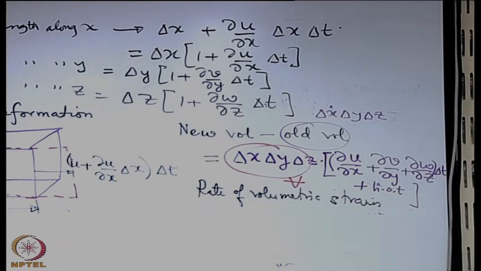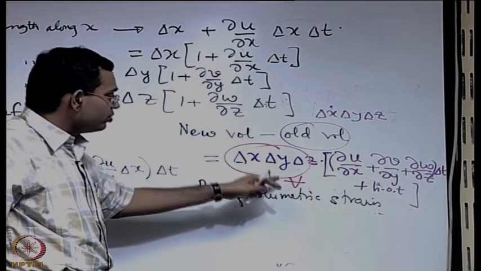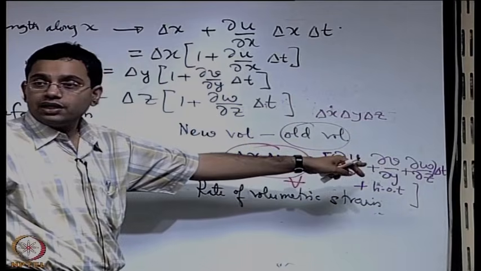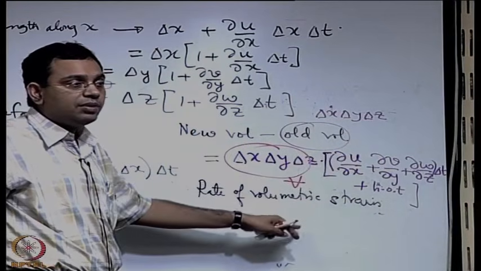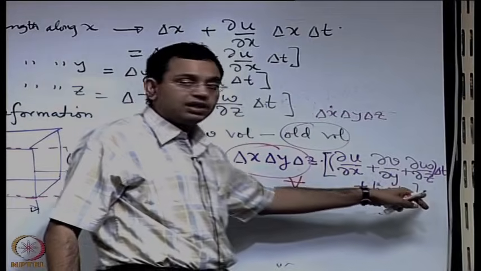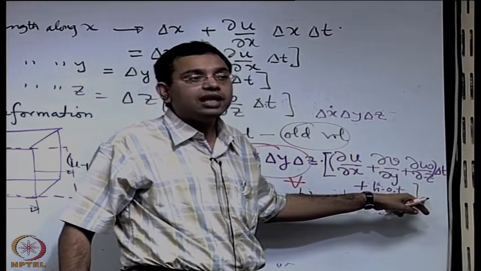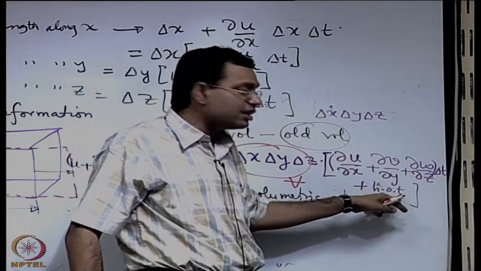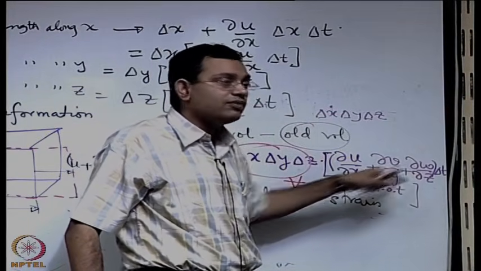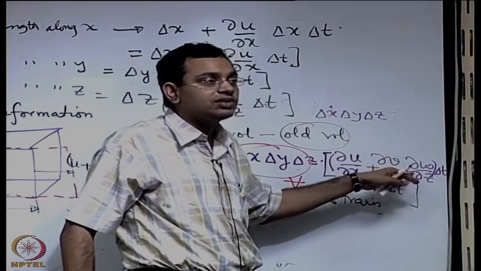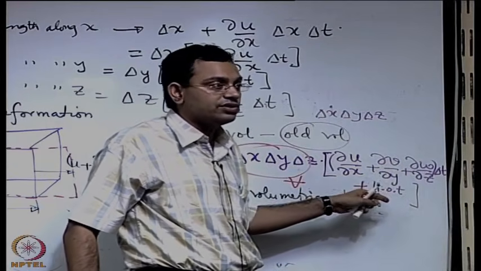So what is the rate of volumetric strain? This change in volume divided by delta t, and take the limit as delta t tends to 0, when all other higher order terms in the limit will be 0. So it is not that we are neglecting, the one delta t here will remain even after division by delta t, that will be tending to 0 in the limit delta t tends to 0.